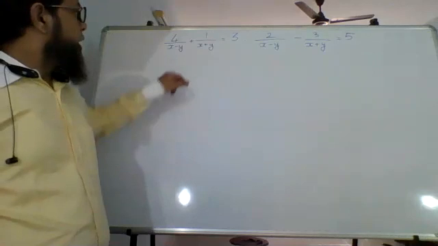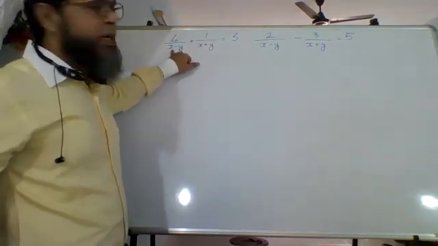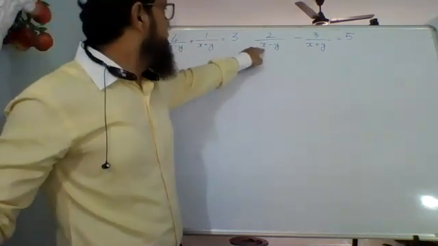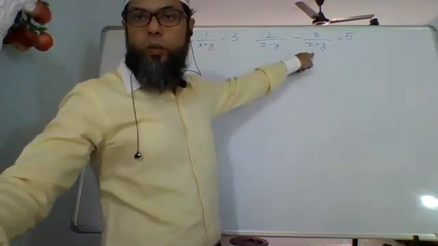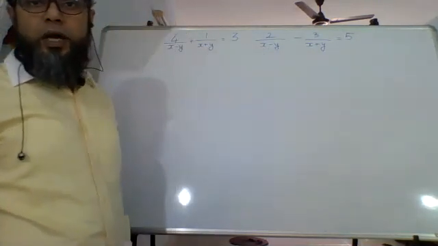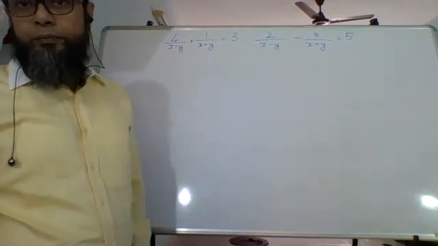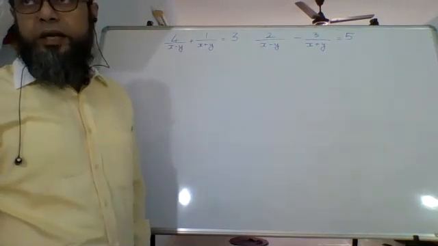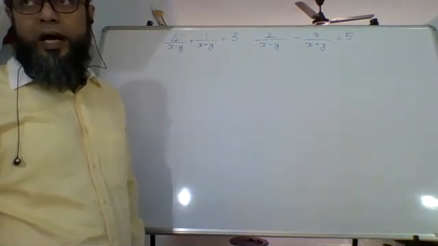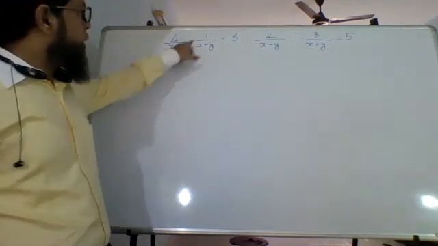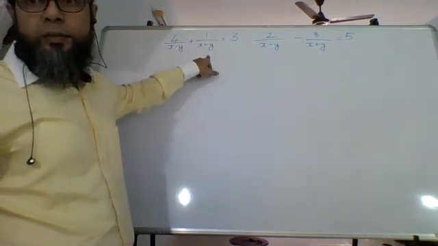But we see in both the equations, one denominator is x minus y and the other is x plus y. If I just substitute x minus y as a and x plus y as b, it will become 4 upon a plus 1 upon b, which again will not be a linear equation.